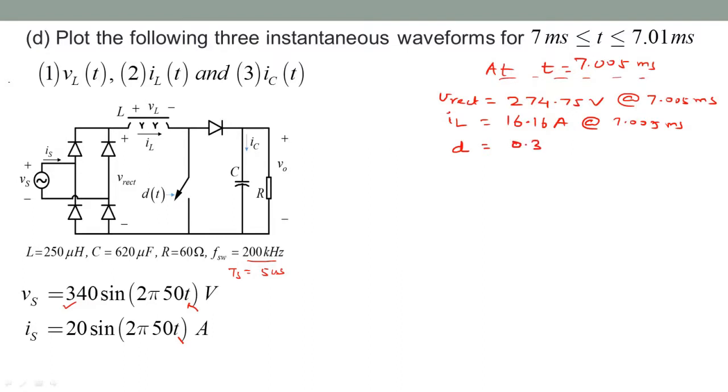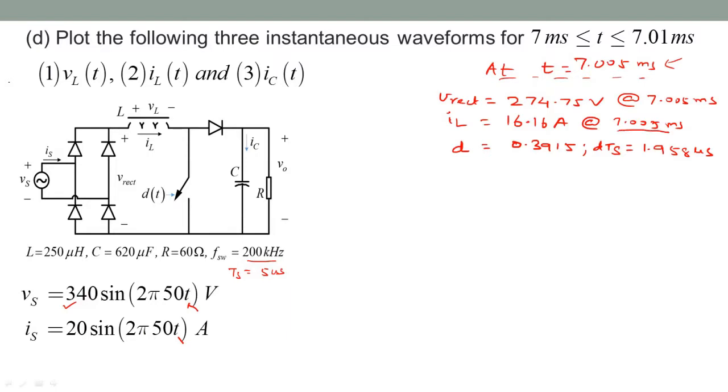Again recall that we derived explicitly the d of t and substitute t to be this value. Then if you need, you can also get dTS, multiplying 0.3915 by 5 microseconds gives you 1.958 microseconds. All of these again at this specific time.